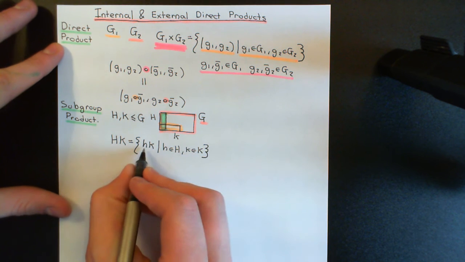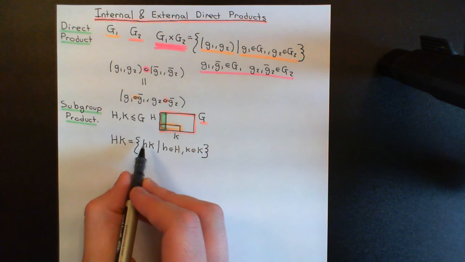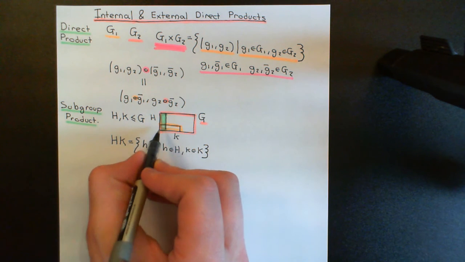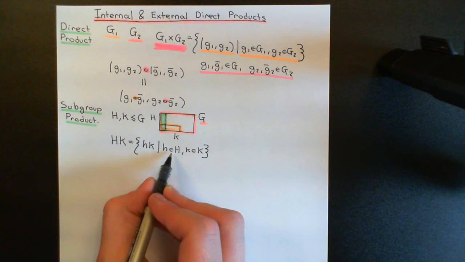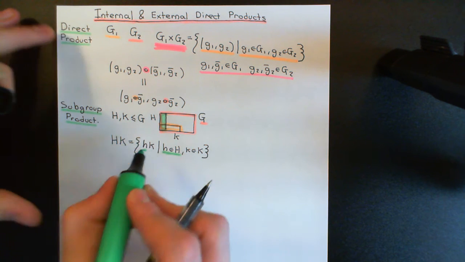Now clearly this is going to be a subset of capital G, because what are we doing here? I'm going through every element of capital H here. So I'll just underline everything to do with capital H in green here.